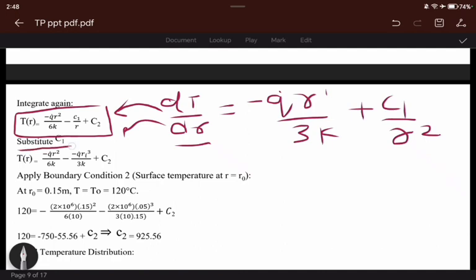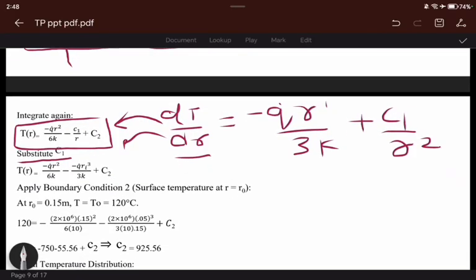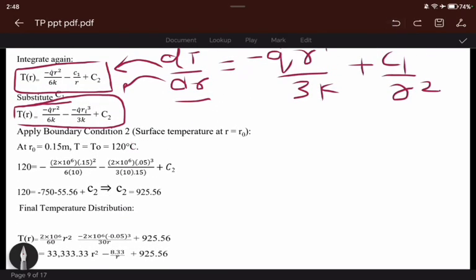So substitute c1 that we have found above. So our equation will look like T of r equals minus q r square by 6k minus q ri cube divided by 3k r plus c2. So our another task, we have to find here the value of the constant c2.